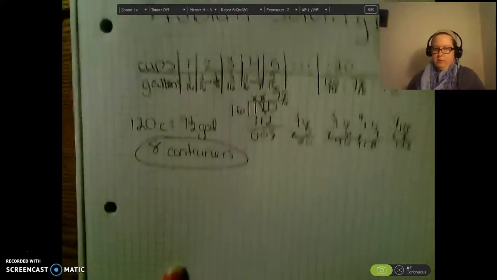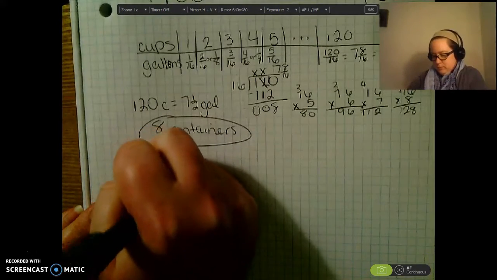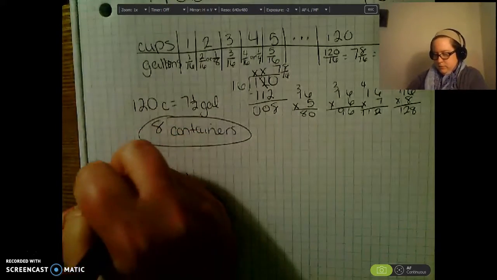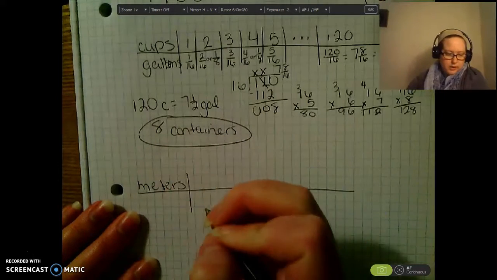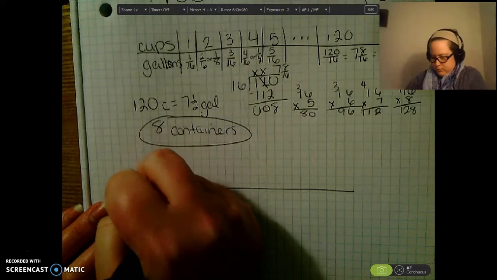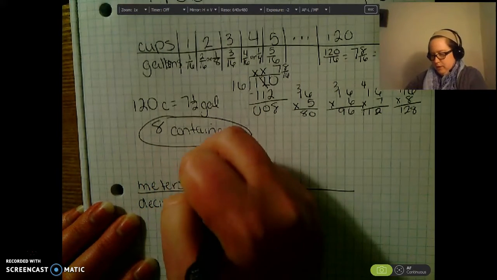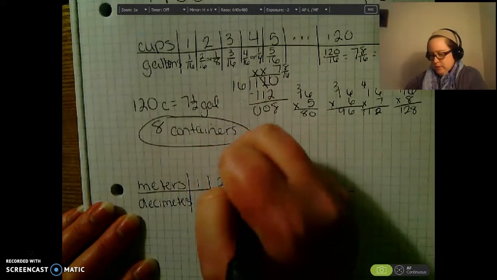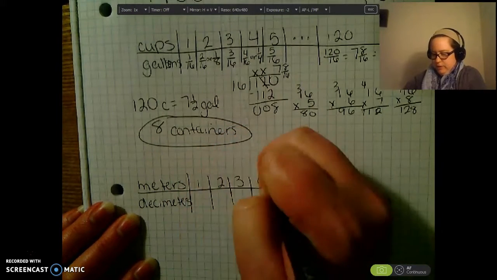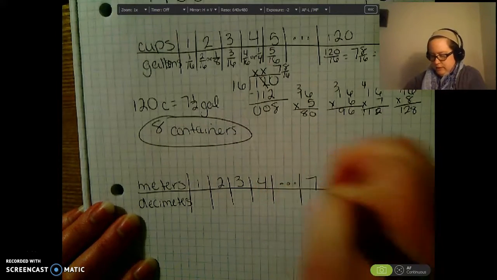So we're going to have meters, and we're going to have decimeters. So 1 meter, 2 meters, 3 meters, 4 meters. Then we're going to skip and go to 7 meters.